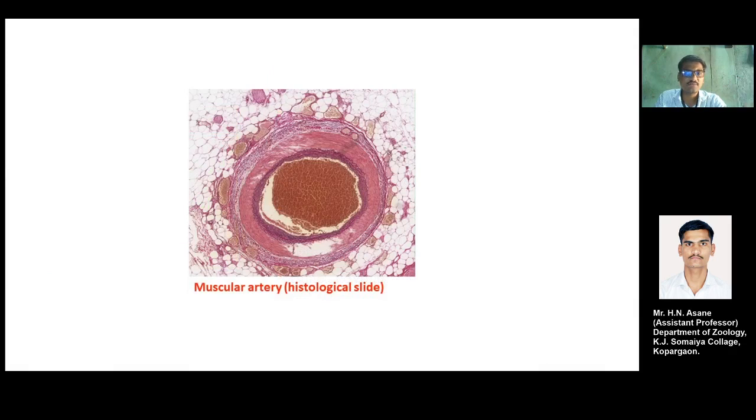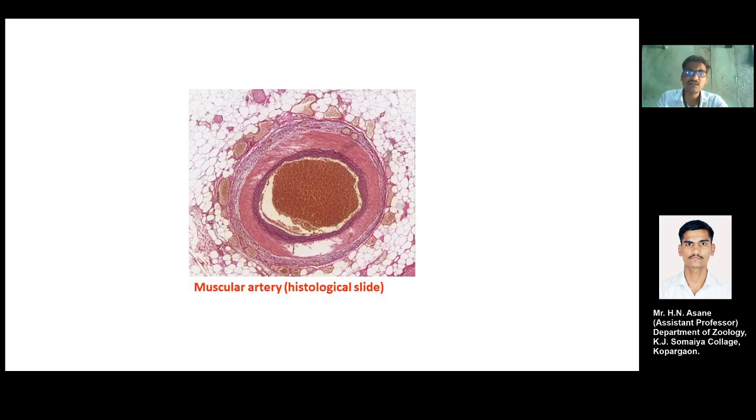So these are the muscular arteries. You will see that the middle layer of this artery is quite thicker than in the elastic arteries. The first layer is the intima layer, then the middle layer, and then the adventitia layer, having some cells, those white spots, which are nothing but fibroblast cells.